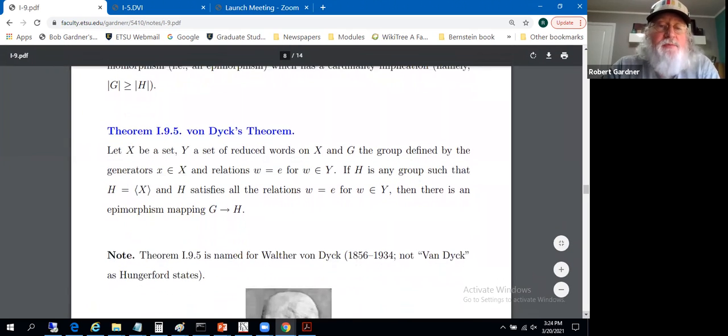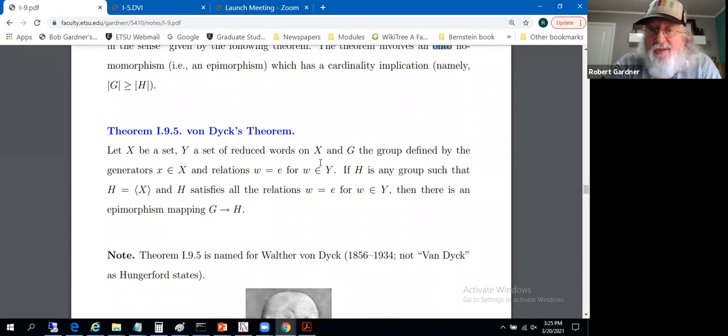So von Dyck's theorem, Theorem 1.9.5, says: let X be a set, let Y be a set of reduced words on set X, reduced in the sense described above, and G the group defined by the generators x in set X and the relations W equals the identity for W in set Y. Remember, set Y was reduced words.